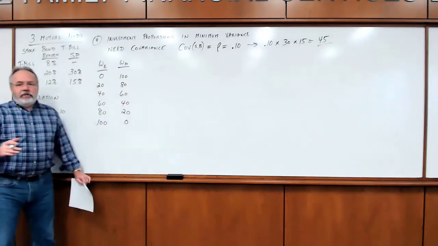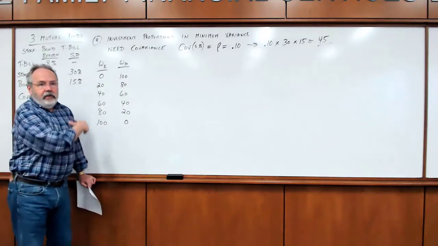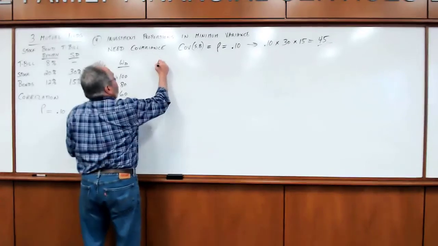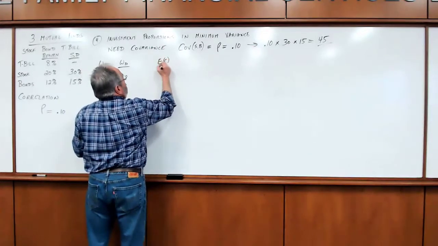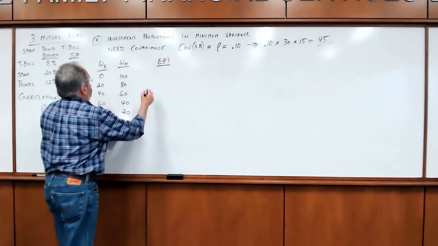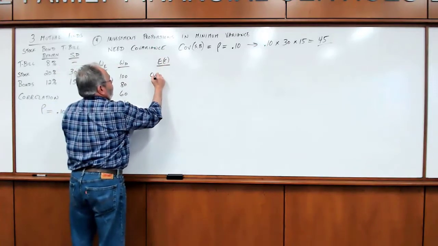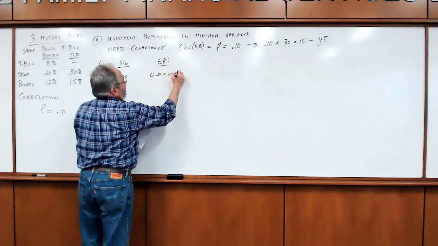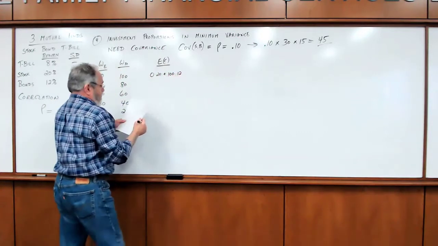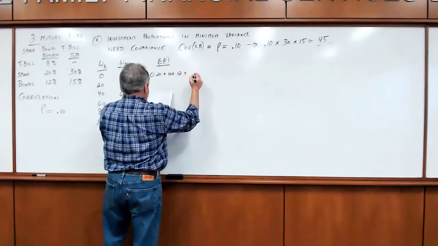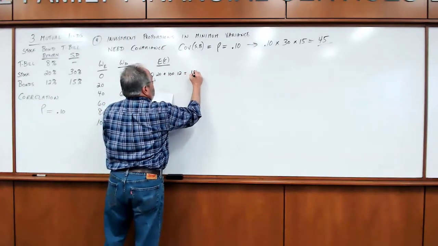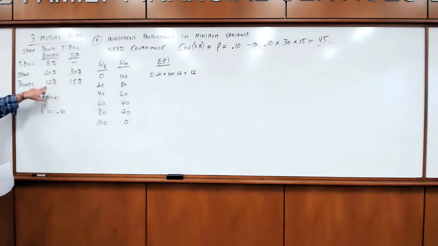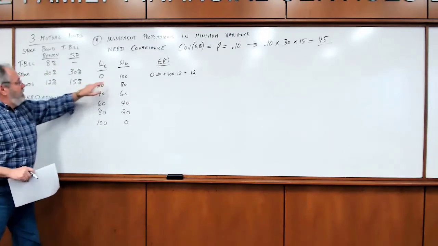All we're doing is changing the money that you're putting into these accounts, okay? So the expected return, this would be 0 times 20 plus 100 times 12. 12% return. 100% of your money is in the bond fund, right?